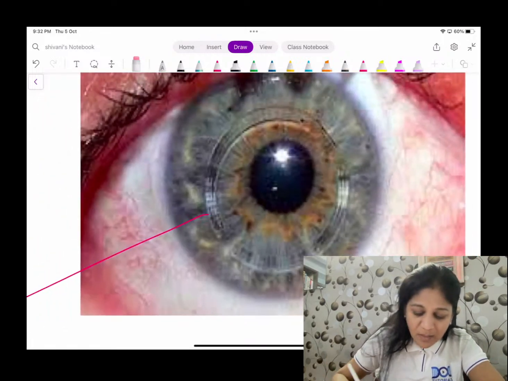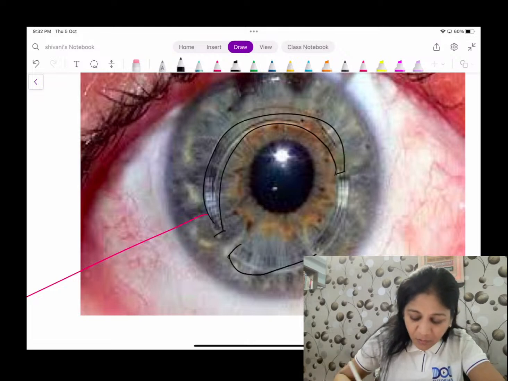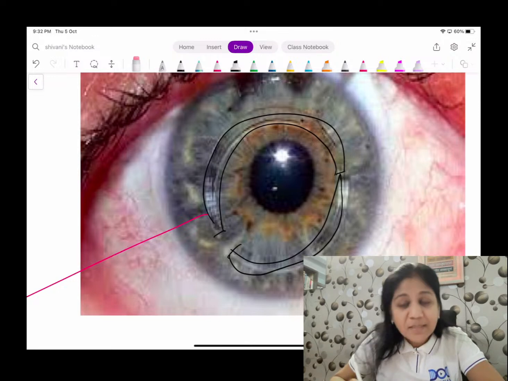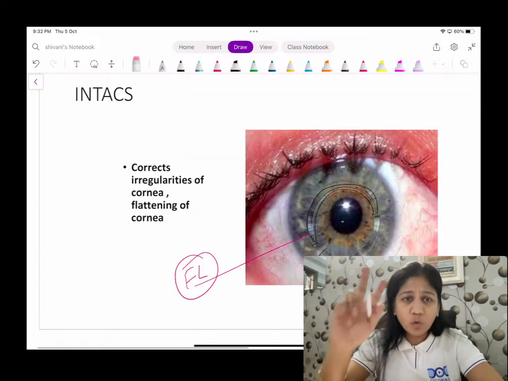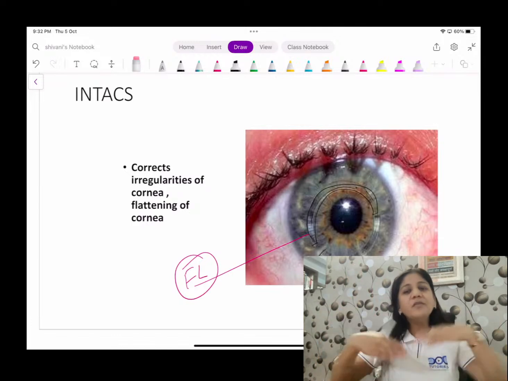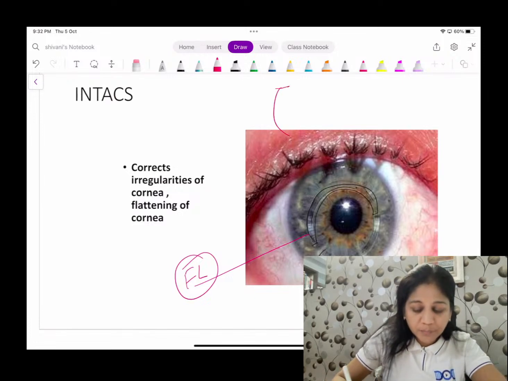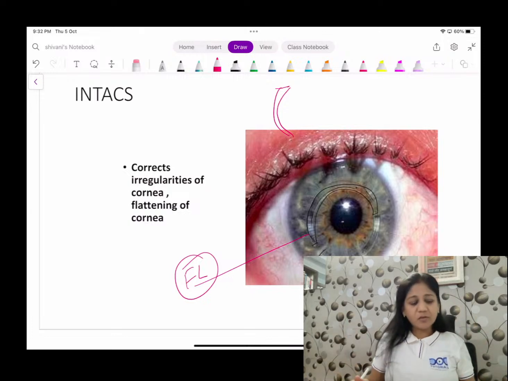So this is one semicircular ring and this is another semicircular ring. We are putting these inside the stroma of the cornea. It is said that if you put Intacs, 2 PMMA semicircular rings, inside the stroma of the cornea, it will have a flattening effect. That's what we want. My cornea is becoming more curved. So how will I flatten it? By putting Intacs in the corneal stroma.